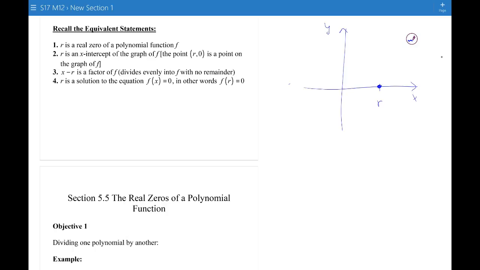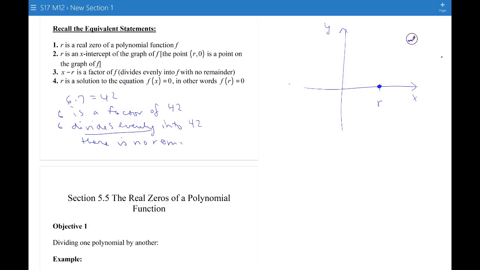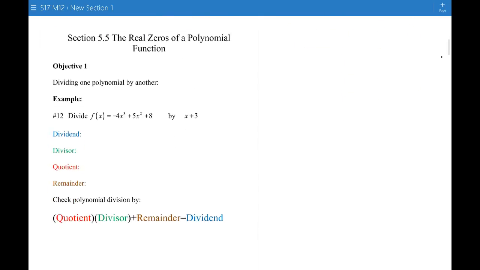So if 6 times 7 equals 42, it means 6 is a factor of 42, which also means 6 divides evenly into 42, and divides evenly means there is no remainder. So you already know a lot of this language as it applies to numbers, and now we're just going to apply that same language to algebraic quantities.